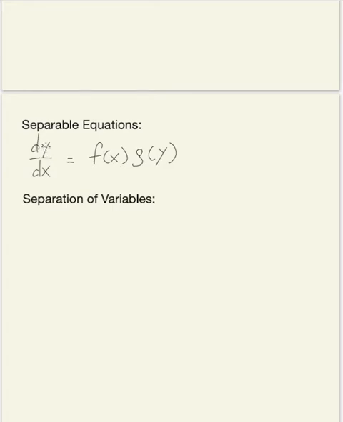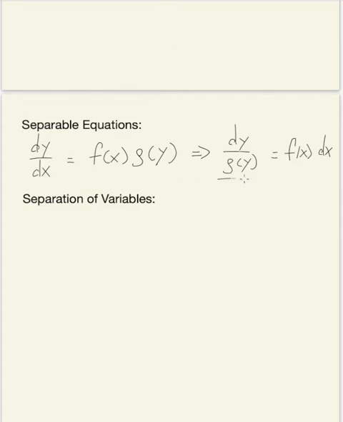Now, I know that dy dx is a thing on its own. It stands for the derivative of y with respect to x. But for a moment, let's consider this as a fraction, dy divided by dx. Okay? Then you can turn this into dy over g of y equals f of x dx. Now we've successfully separated the part that depends on y only with the part that depends on x only. That's why we call this separable equations.